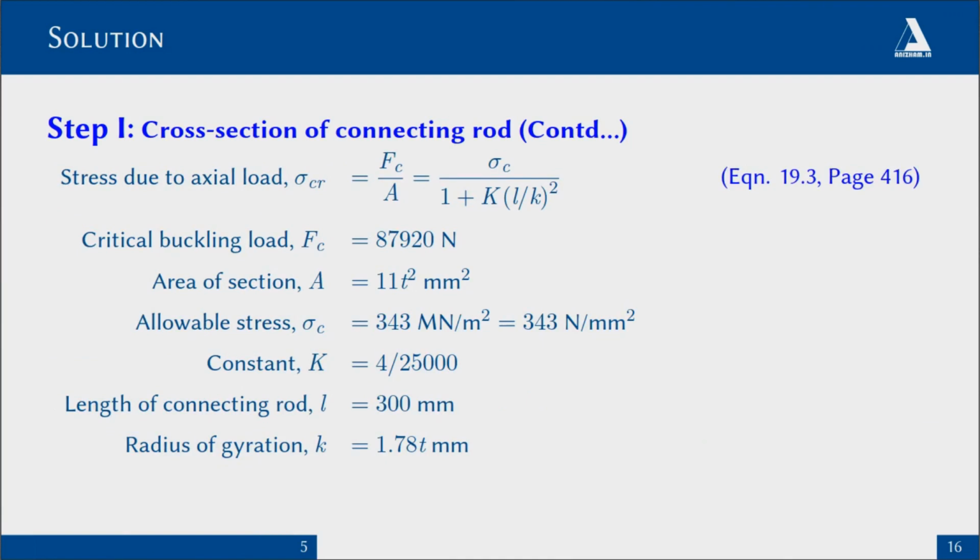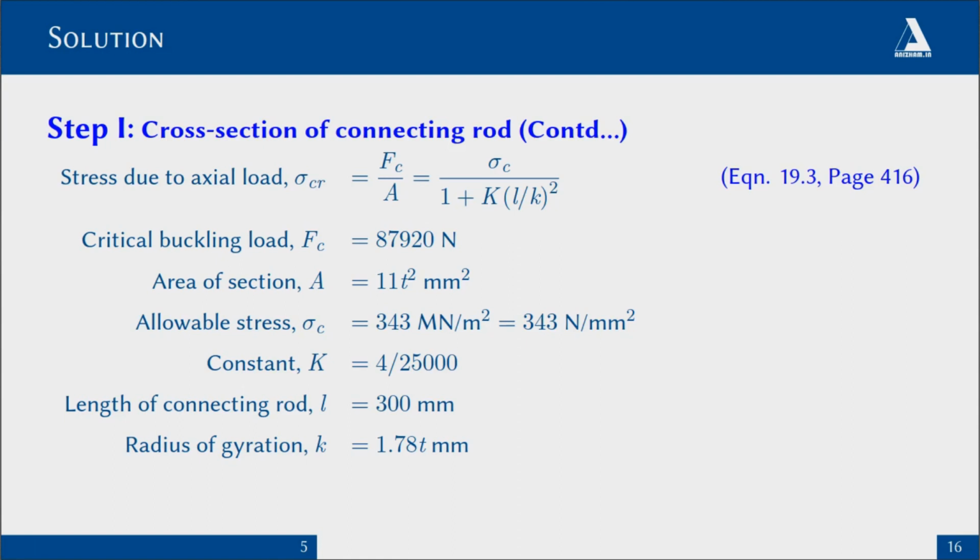One is the critical buckling load divided by the area of cross section, Fc divided by A. The other expression is by considering this connecting rod as a column: Fc by A equals sigma C divided by 1 plus K L by k the whole squared. This is equation 19.3 on page number 416.